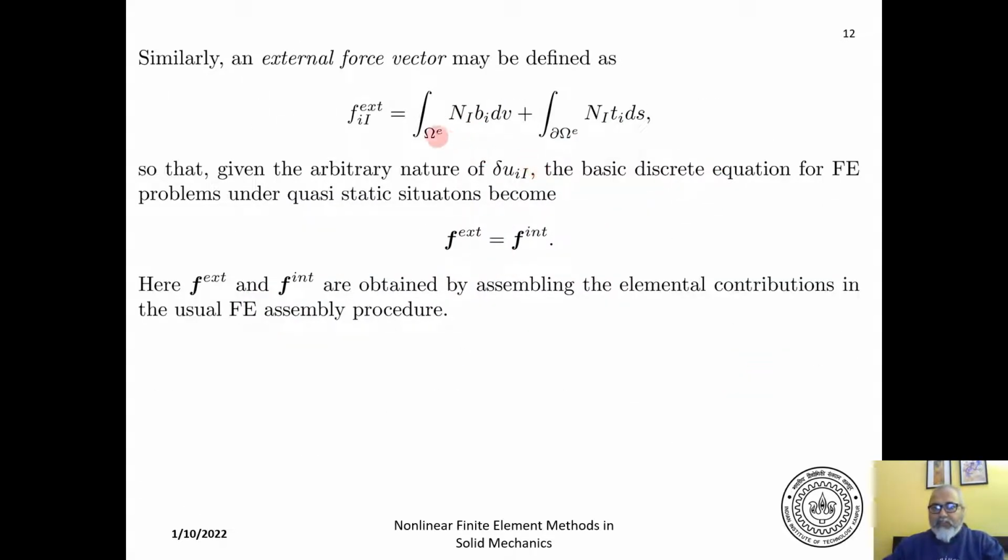The external force is this, and since delta u ii is an arbitrary displacement, your virtual work equation boils down to F external equal to F internal for the element. So F external and F internal are obtained separately by assembling the elemental contributions, and you know how to assemble them from your finite element courses.